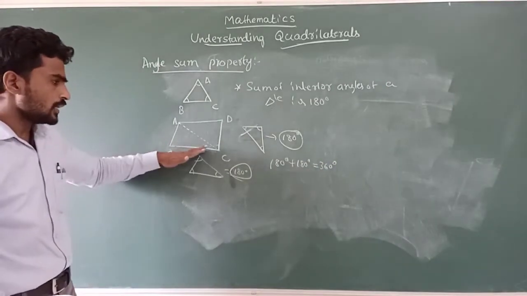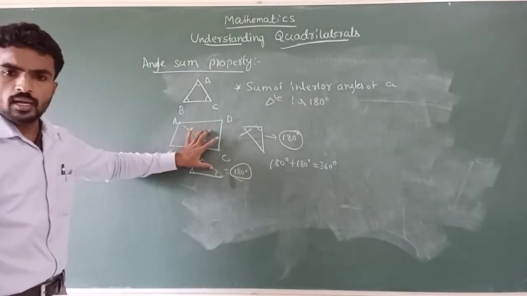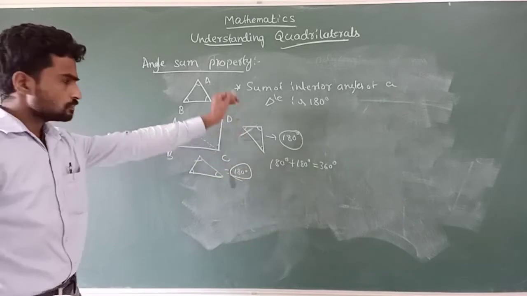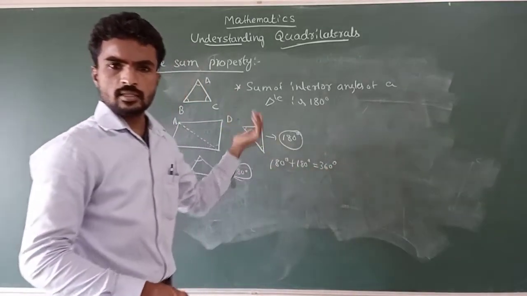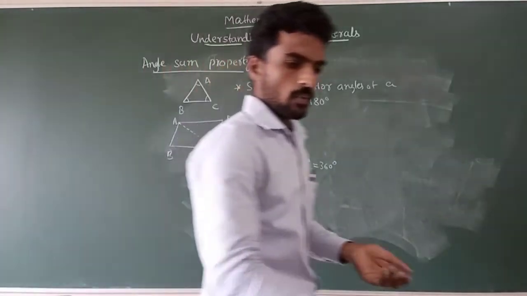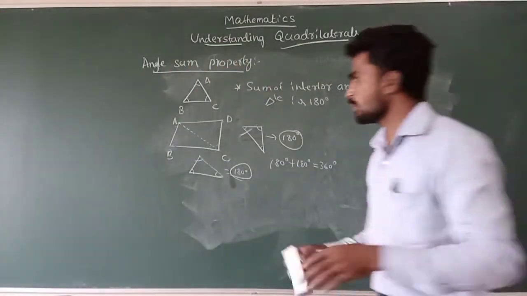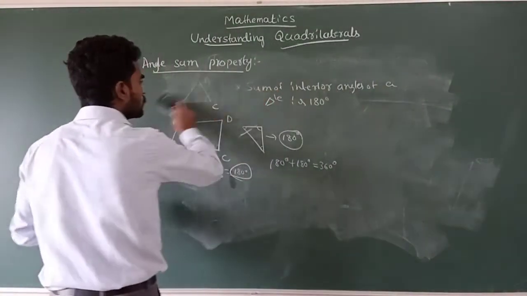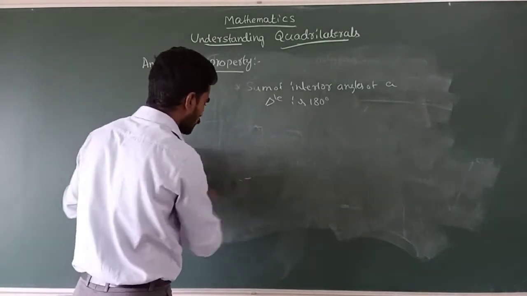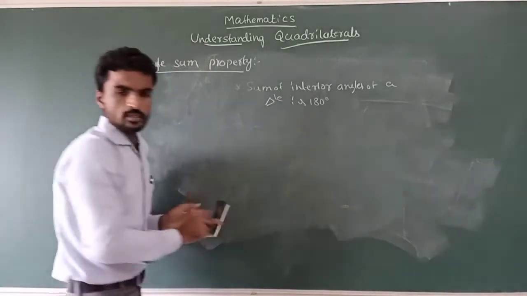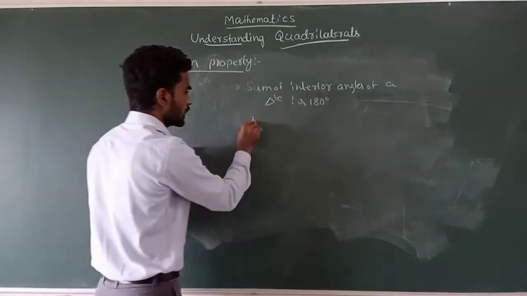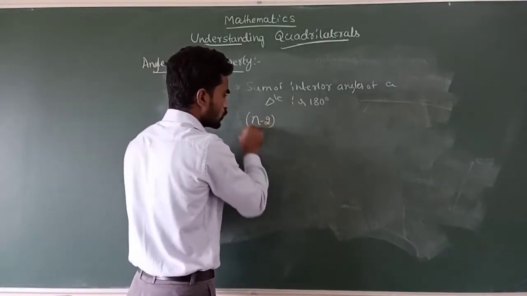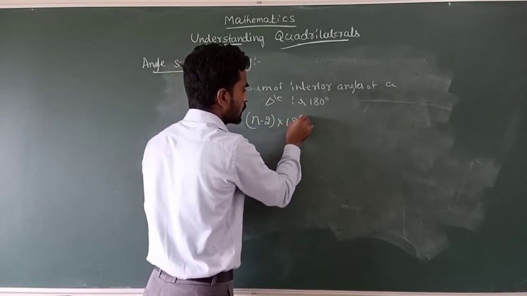Sum of interior angles of a quadrilateral is 360 degrees. If it has n sides, for example, when we don't know the exact number of sides, at that time we take the general formula, that is n minus 2 into 180 degrees.